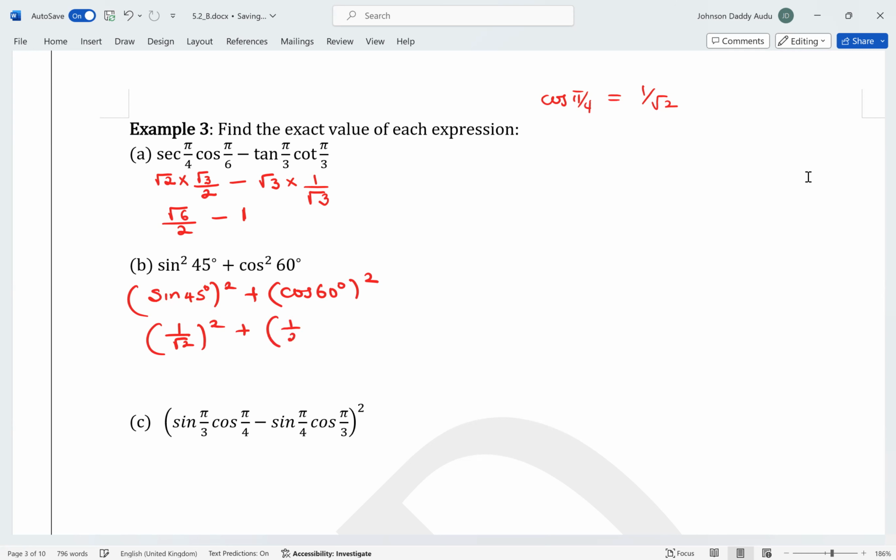So you have 1 over 2 all square. And here will give us 1 over 2 plus 1 over 4. And this should be 1. You can multiply this by 2 over 2 so that you will have 3 over 4.